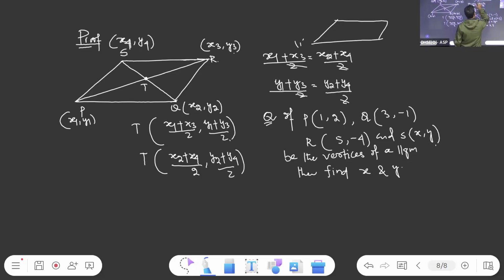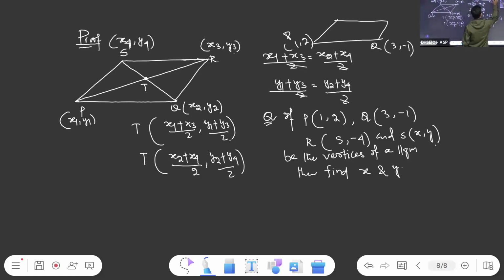Coordinates of P are 1, 2. Coordinates of Q are 3, -1. Yes, somebody has sent the answer. Let me check. X is equal to 3, Y is equal to -1. Let me check.